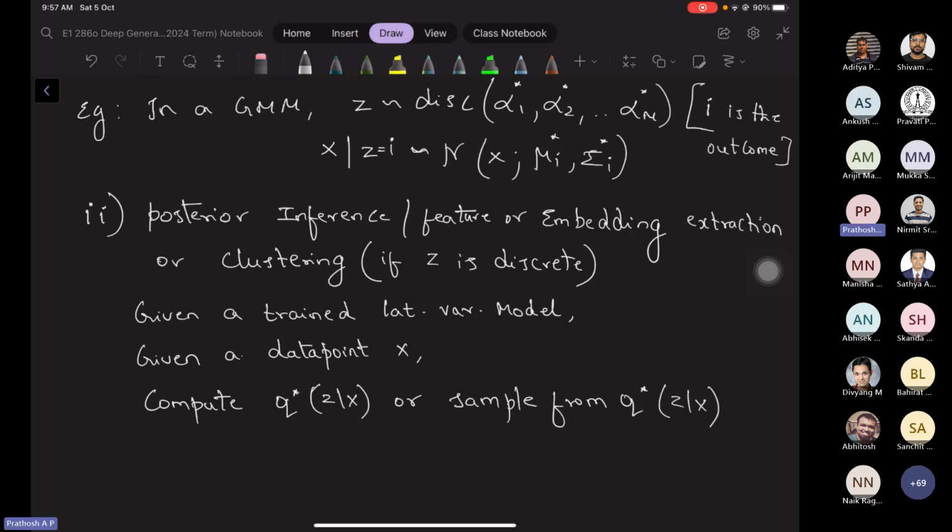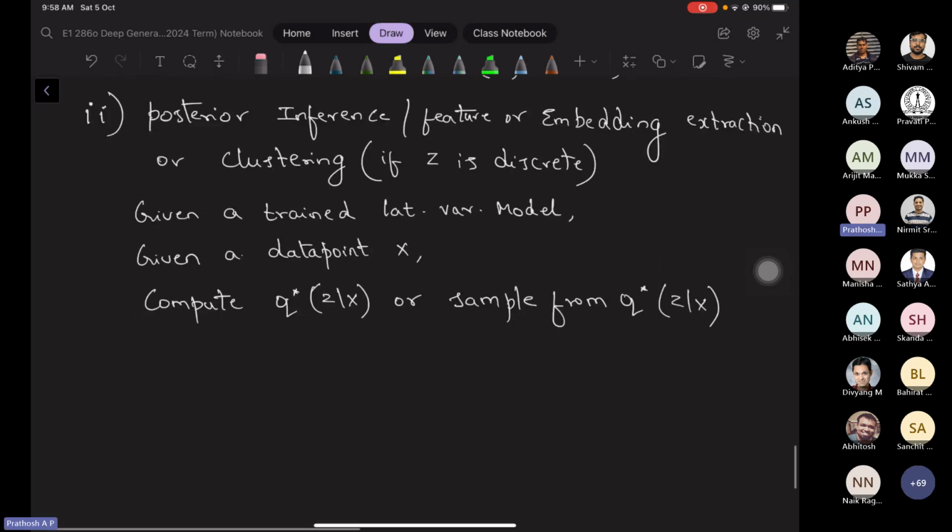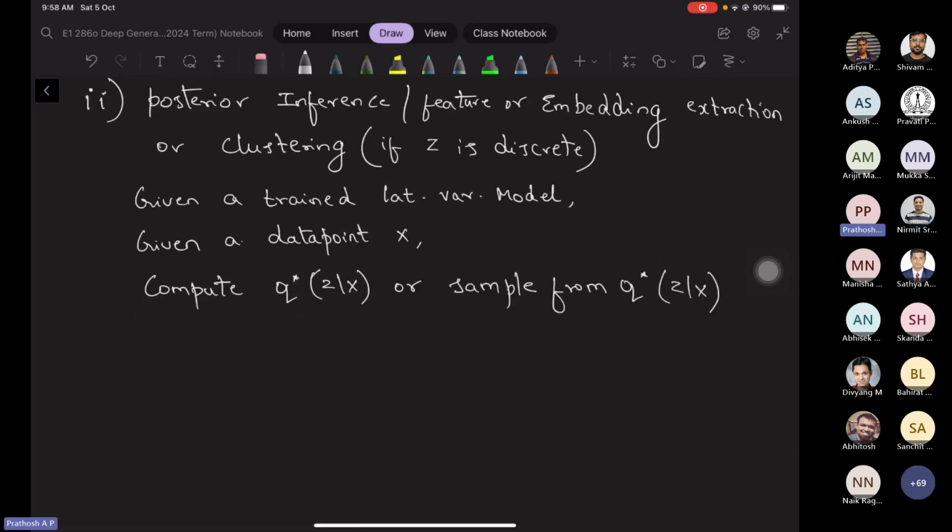So what do you mean by this? Post training, given a data point x, I'm finding a distribution over the latent variable given the data point. Let's say that z is discrete, taking values 1 through m.